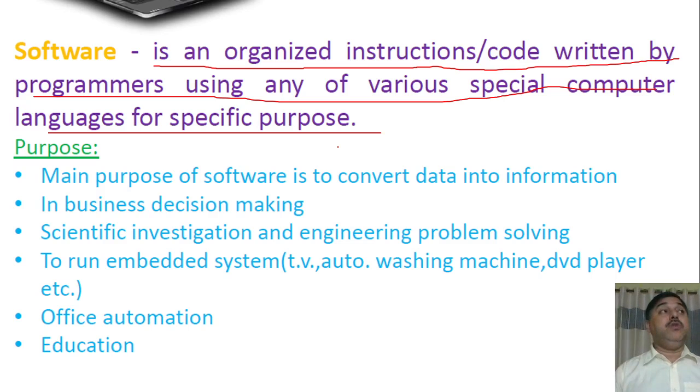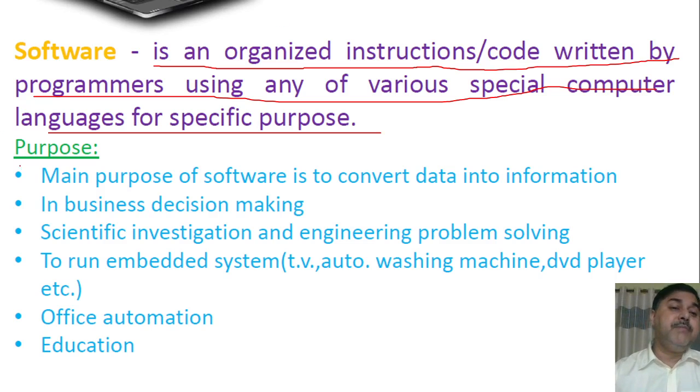We have software to design different types of animations, animation software. So many different patterns of software can be found, and each software gives us a different type of work.